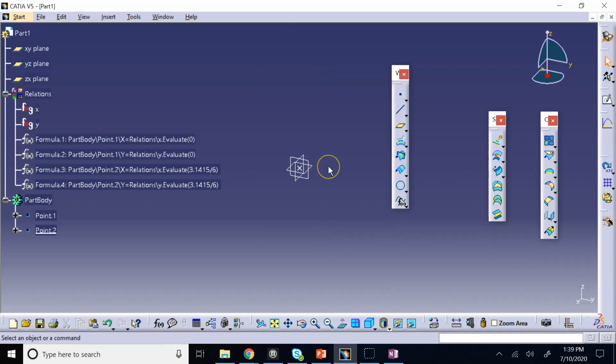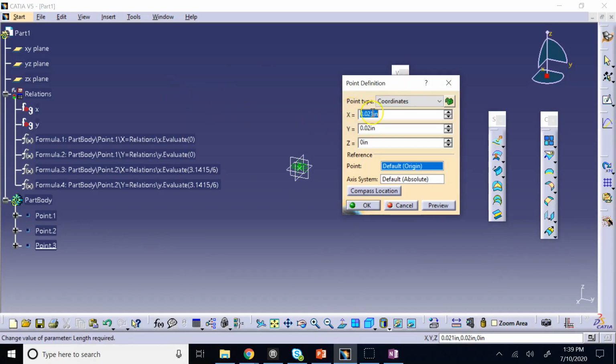And then you keep going, right? So now you have 0.2, you have 0.1, and then keep creating points more and more and more, right? So let me do a few more for you.